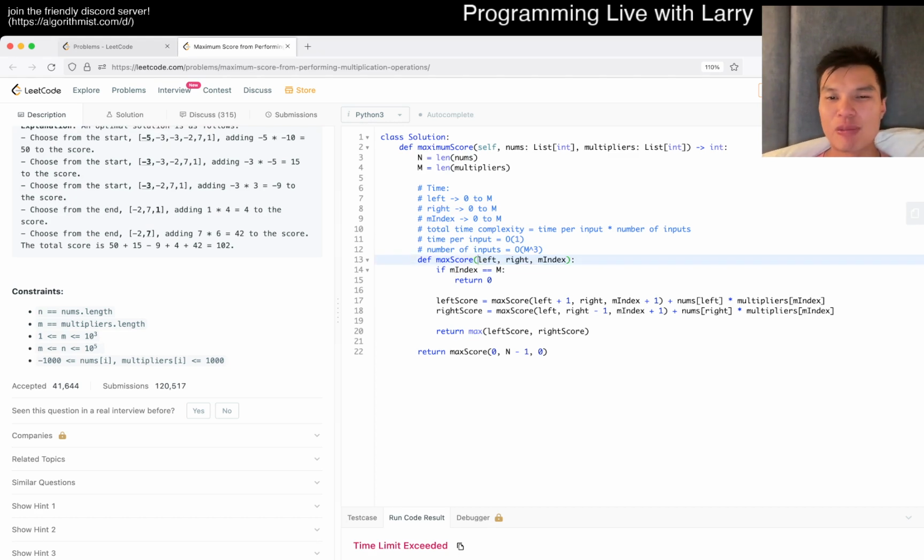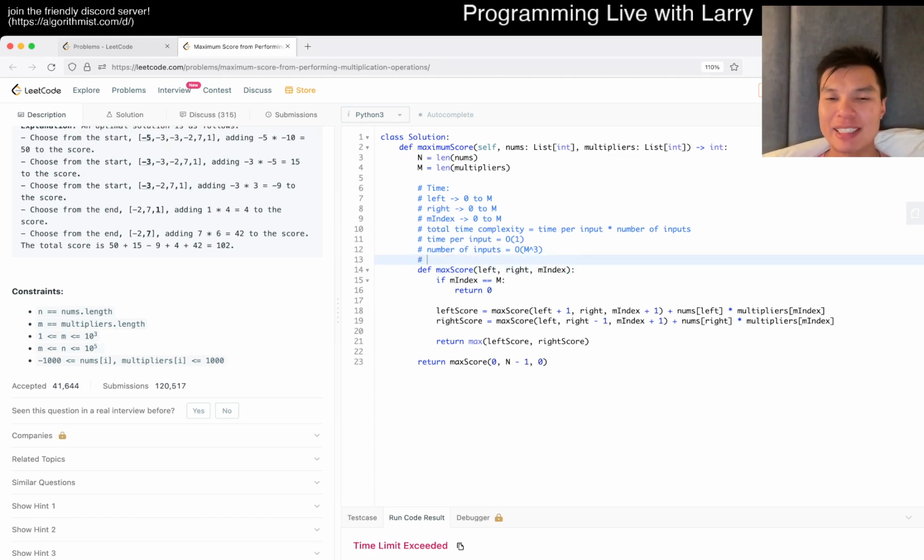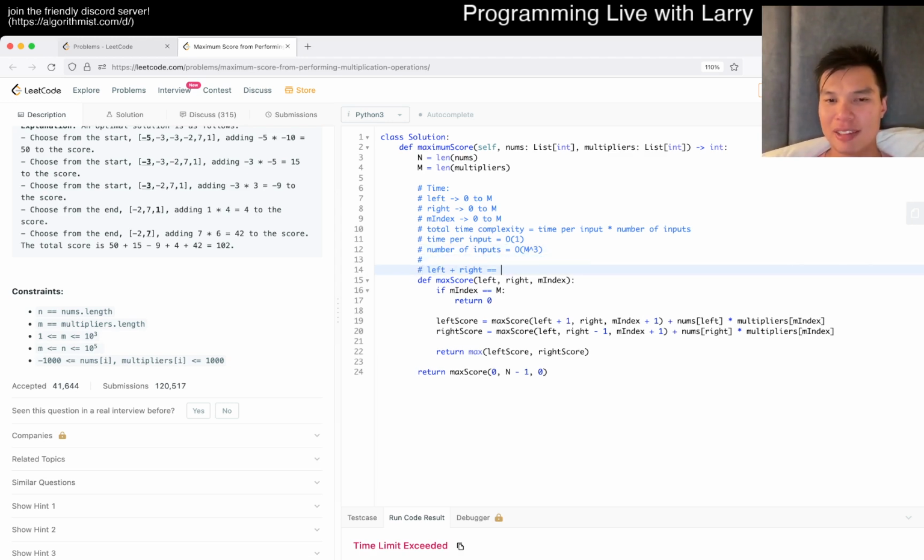One way that you can mathematically see this is that left plus right is equal to n or something like this, which, like we said, is bounded by m. So let's just say left plus right is equal to m, right?